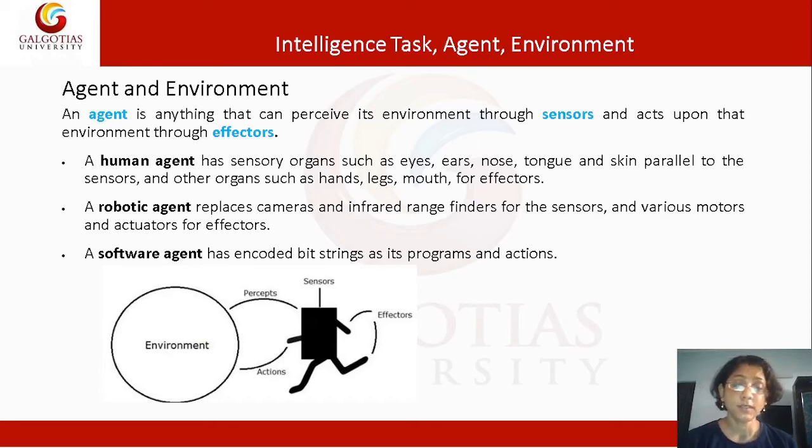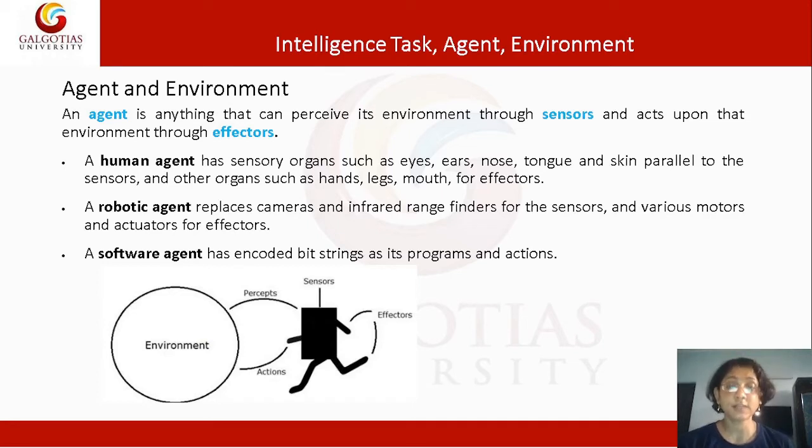Now, in the case of a human agent, the sensory organs are nothing but your eyes, ears, nose, tongue, and skin, which are parallel to the senses, whereas in the case of a human, the effectors are nothing but hands, legs, mouth, etc., which perform actions. In the case of a robotic agent, cameras and infrared range finders replace the senses, and various motors and actuators serve as effectors.